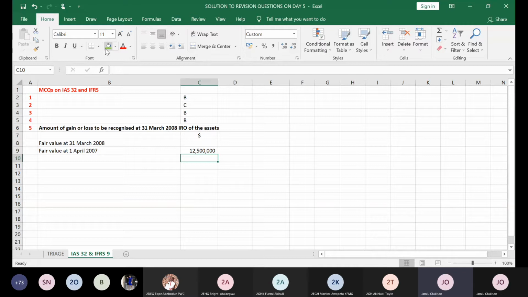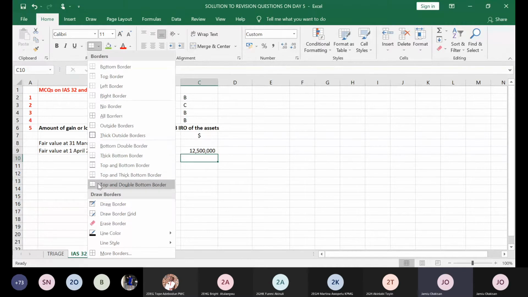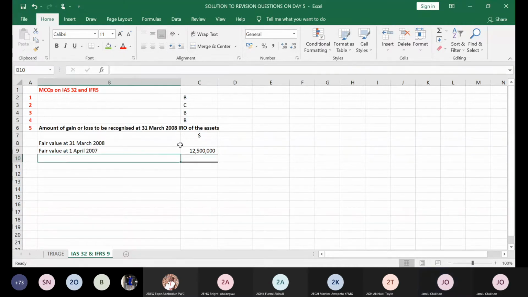What I want to do here is get the gain, the fair value change.